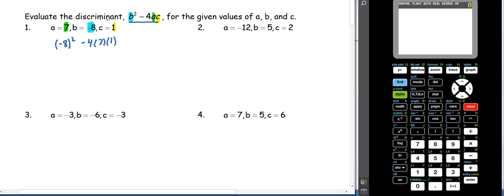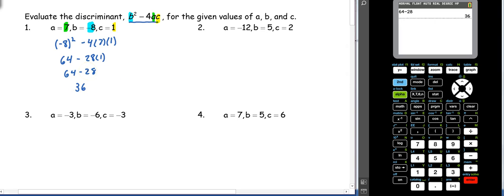First, doing order of operations, we have an exponent, so (-8) squared is 64. 4 times 7 is 28, times 1, so we get 28 again. Then we do 64 minus 28, and we get 36.